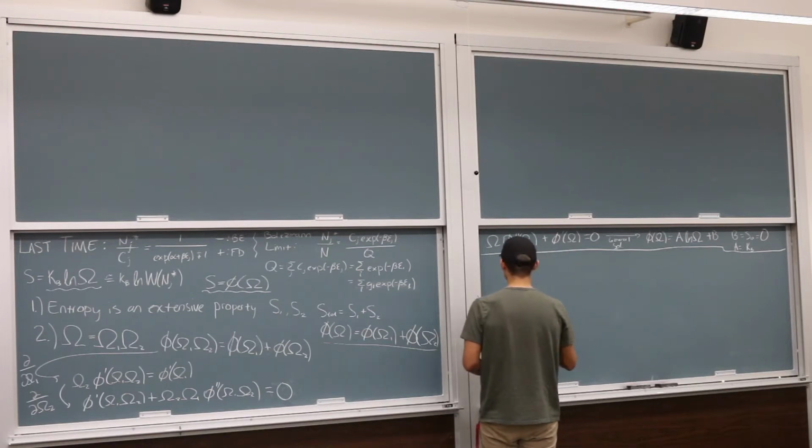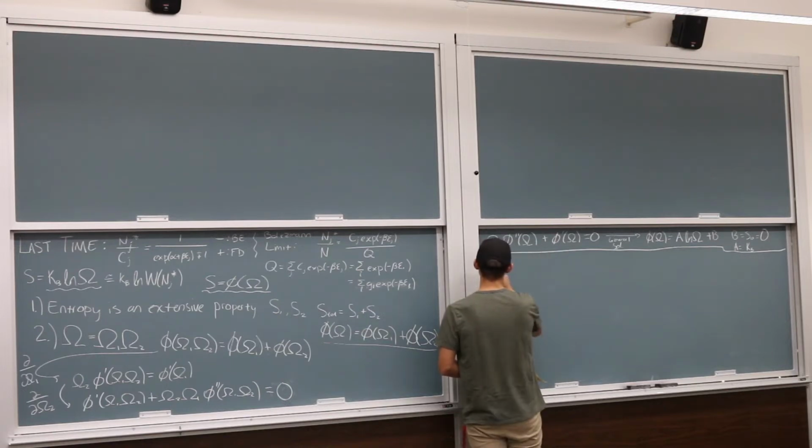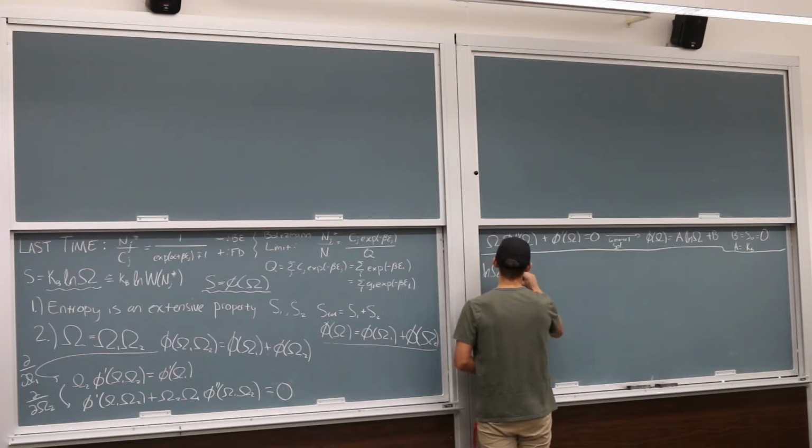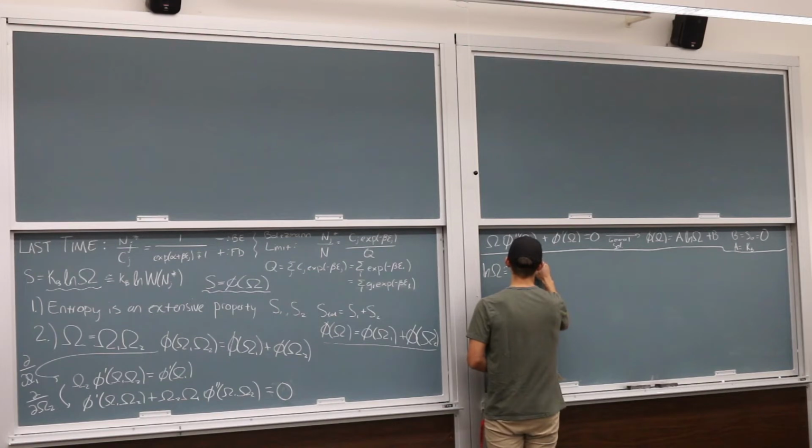So we have that the natural log of omega is approximately equal to the natural log of W of nj star.